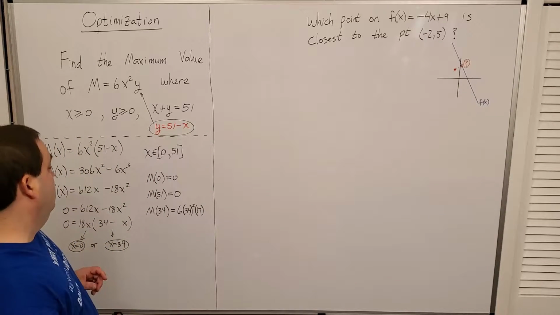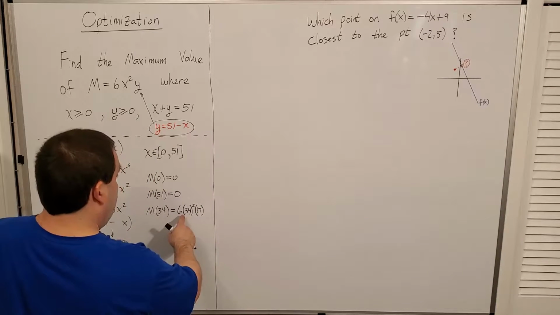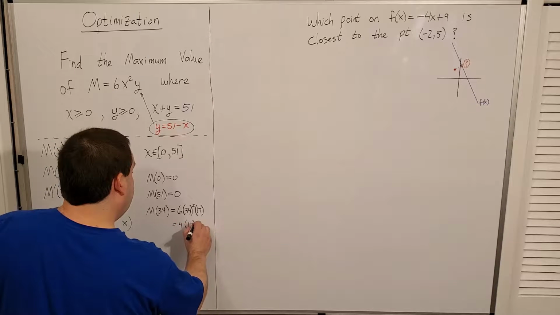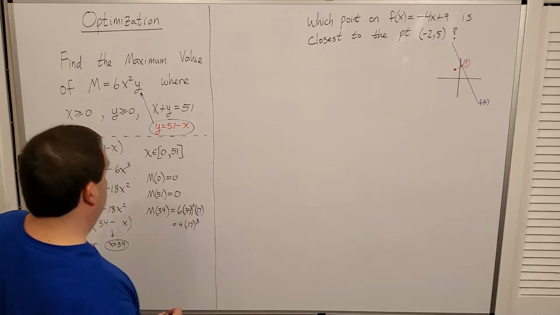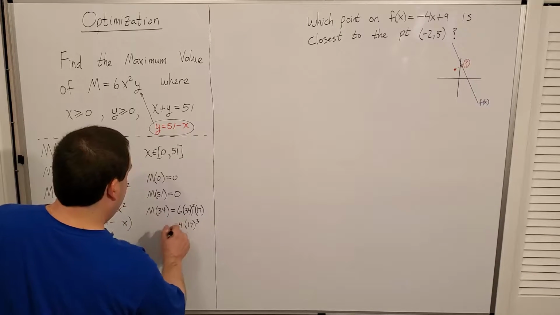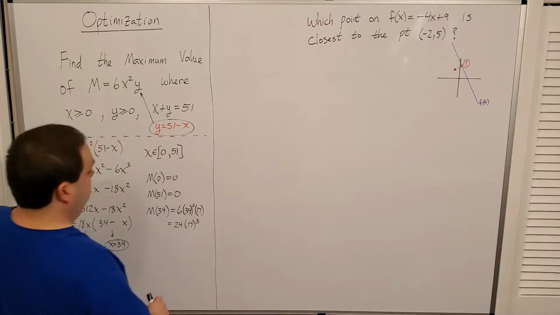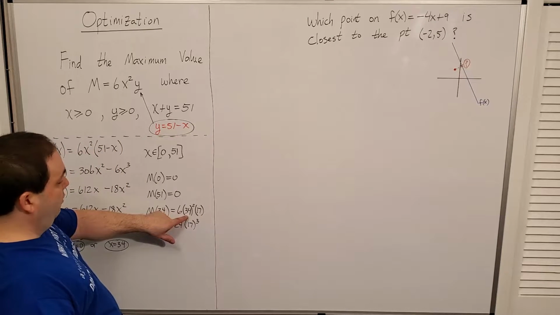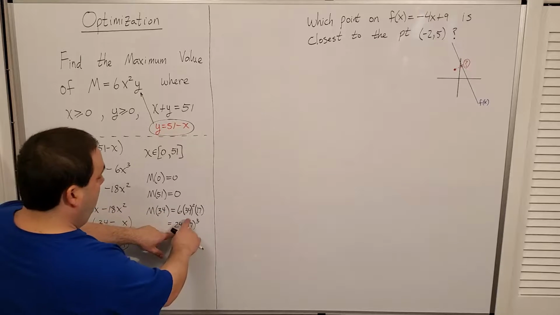Oh, nice. So really what this is, is 24 times 17 cubed, because the 2 and the 2 from the 34s makes a 4, times 6 is 24.